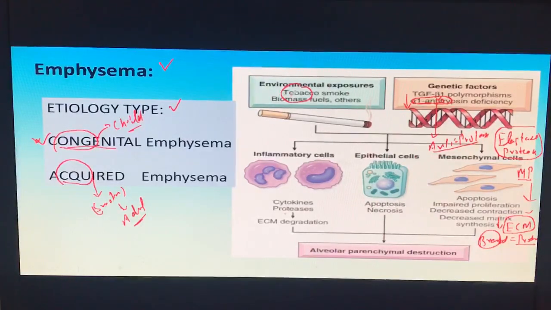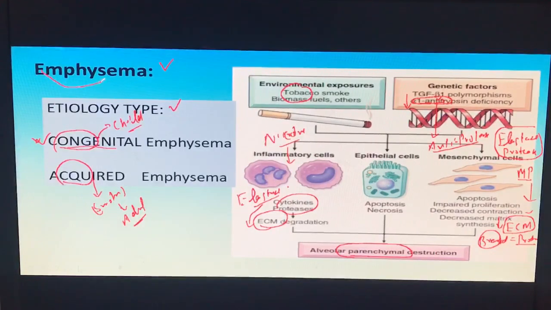Okay, the second etiological type, the acquired category: the smoke chemicals lead to cytokine and protease release. For example, nicotine is a chemical present in the smoke. What does nicotine do? It activates the neutrophils, and neutrophils produce the enzyme elastase. What does this elastase enzyme do? It breaks the extracellular matrix, and the alveolar parenchymal destruction starts. It leads to emphysema.